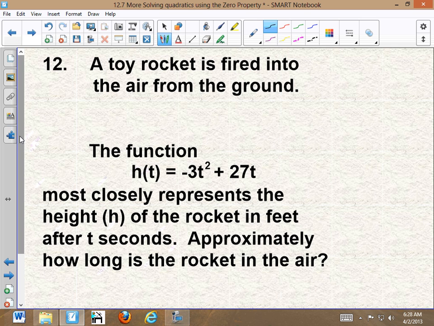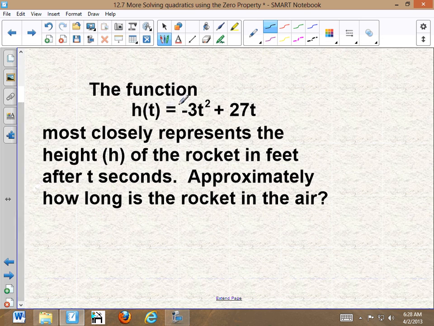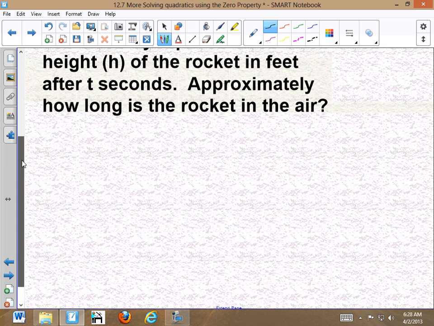Approximately how long is the rocket in the air? Well, in order to find that out, I have to solve for t. So, this right here is what we're going to factor. We're going to factor it, and then we're going to solve for t, and the positive one is going to be my answer. Here's how we do it.